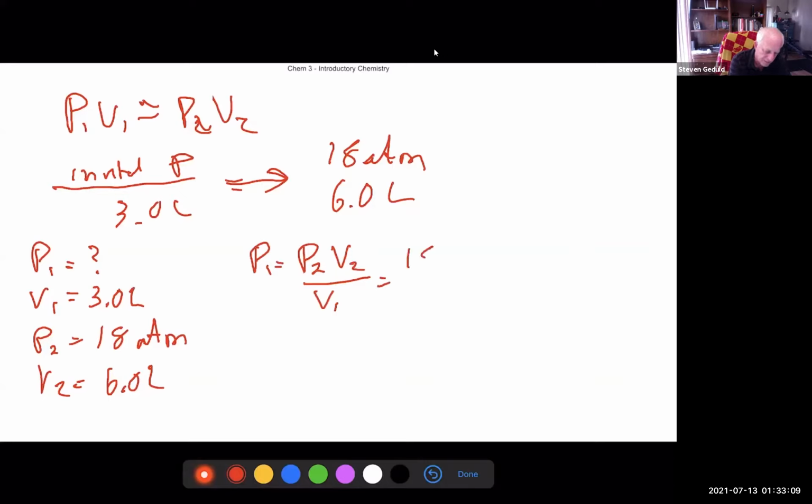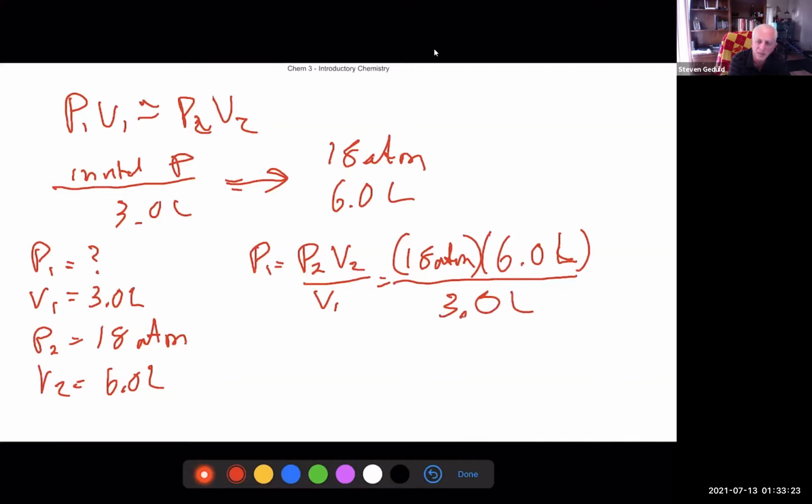P2 is 18 atmospheres. V2 is 6 liters. V1 is 3 liters. And then double check to make sure your units cancel. Liters cancel, and you're left with atmospheres, which is a measurement of pressure, which is what you're looking for.